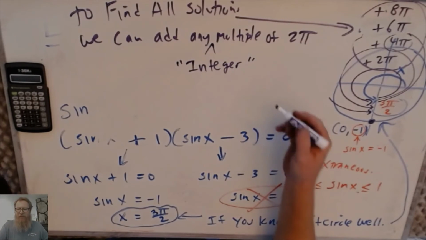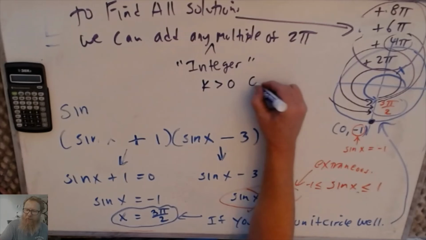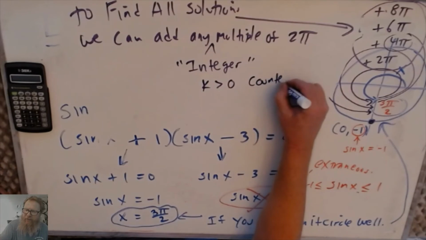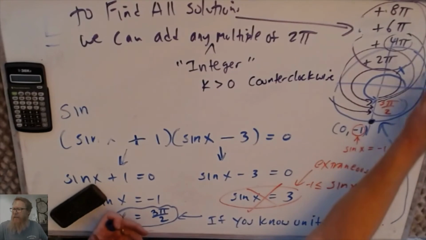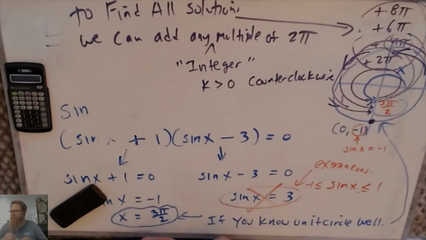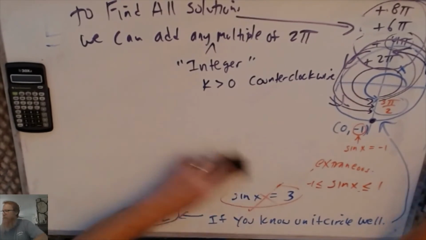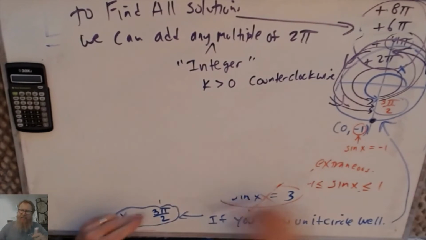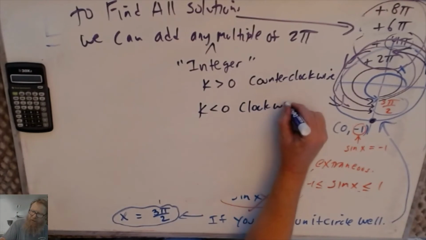If k is positive, then you're going to go around counterclockwise, like in my picture here. If k is negative, you're going to go around clockwise.